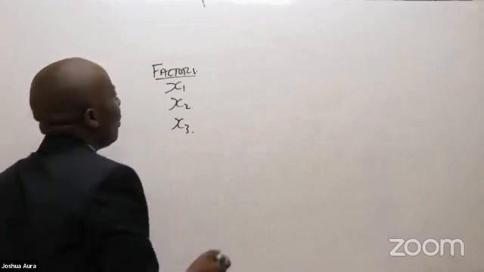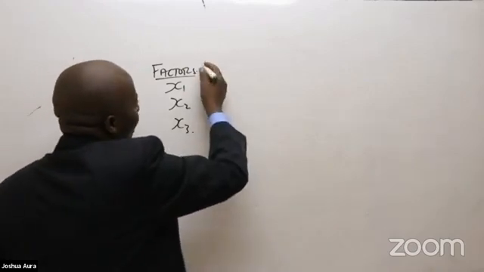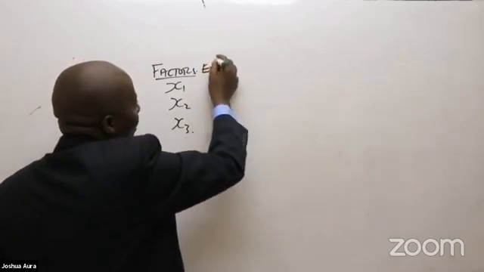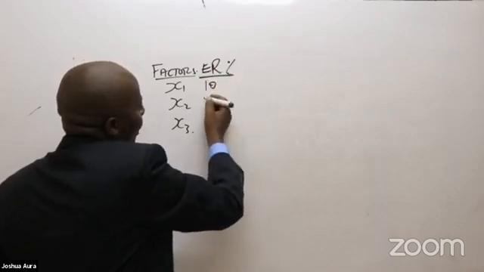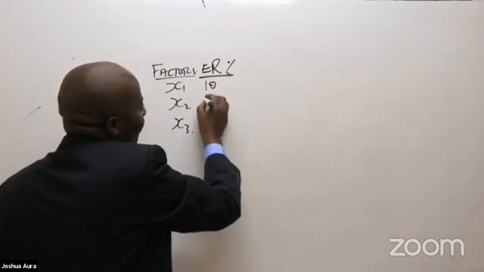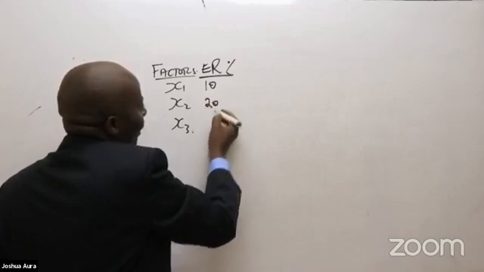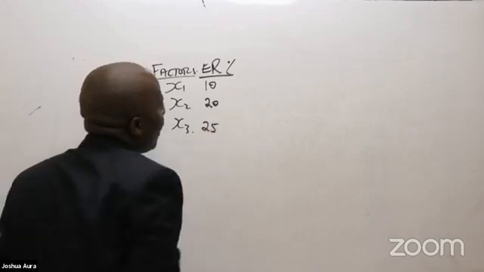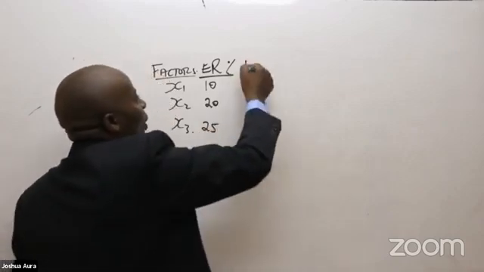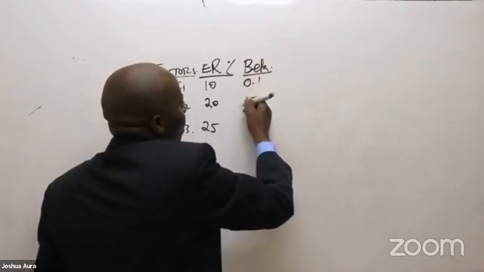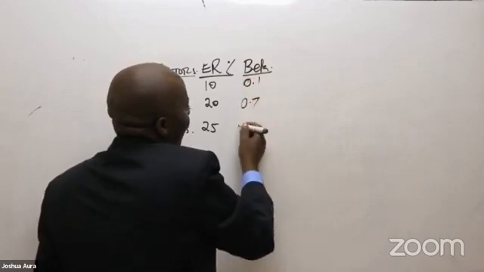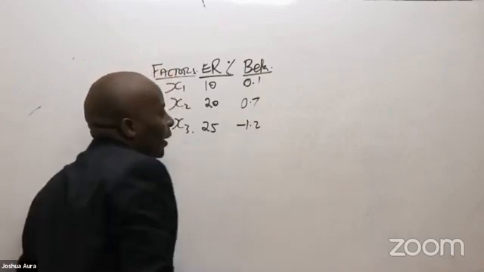He will give you expected returns in the form of percentages, for example 10, 20, 25. This examiner of yours will also give you betas. So he'll tell you this is 0.1, this is 0.7, and perhaps this is negative 1.2.